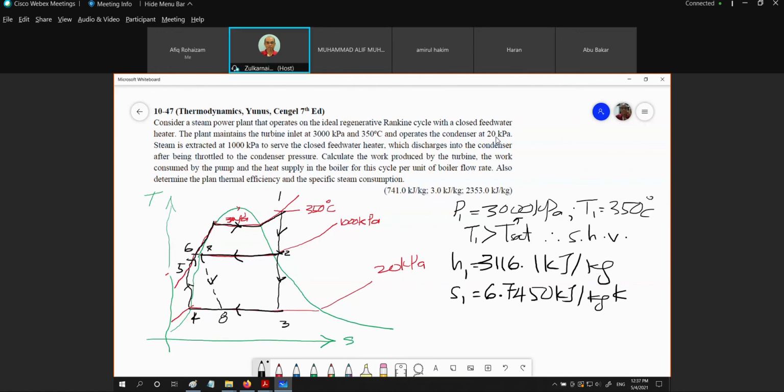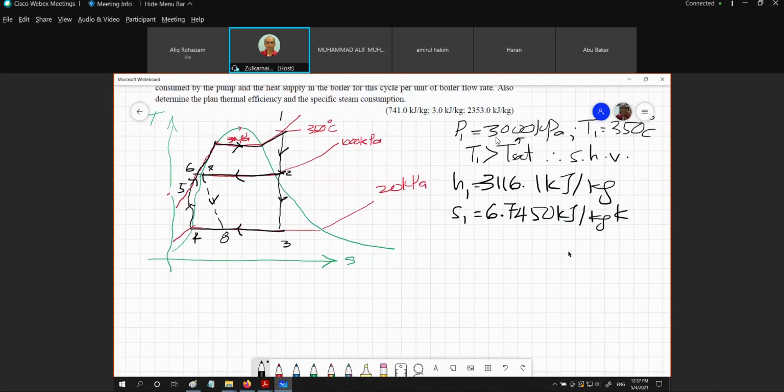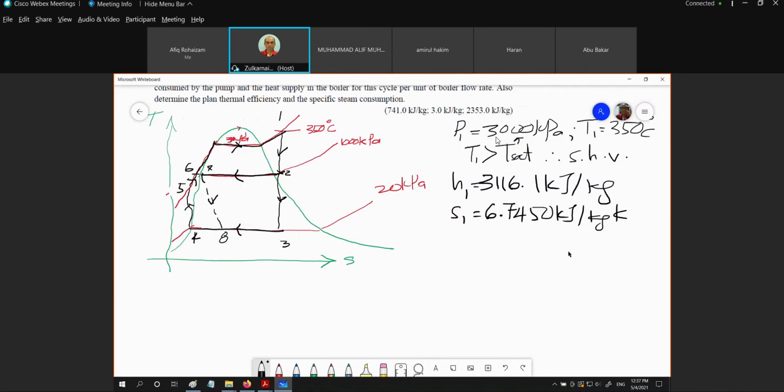And then we get our H2, but before that we need to know the state of 2. So what is the state of 2? We look at the SG at 1000. What do you get? Higher than SG. It's still superheated vapor.